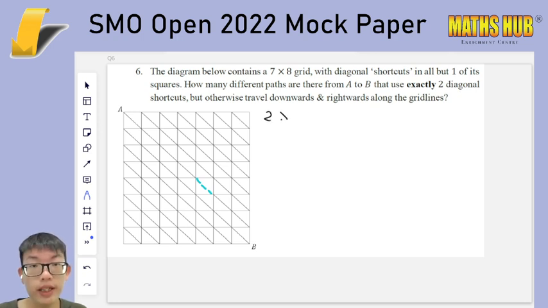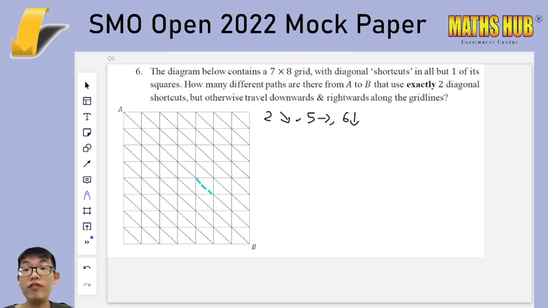We know that there are two of these diagonal moves, which means that you still need to go to the right 5 times and downward 6 times. And any arrangement of this would give you a path. You are never going to actually walk out of this because you take a total of 7 steps to the right and 8 steps downwards, which would get you precisely to where you want.